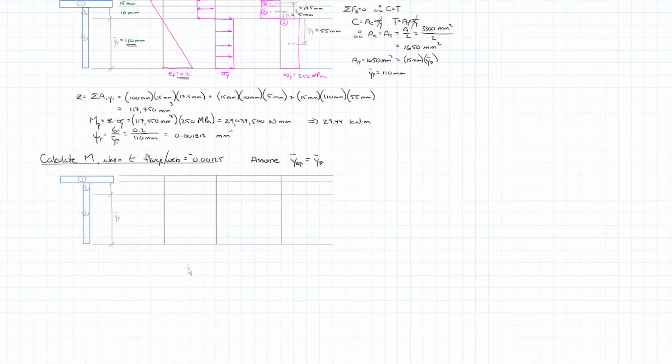Okay, so we've got our positions all sorted out. So a couple things. So we know that y bar plastic is, so we're still keeping the neutral axis in the same spot. So that's equal to 110 millimeters, which means that this is still 10 and this is 15.